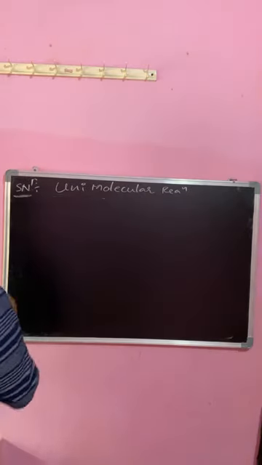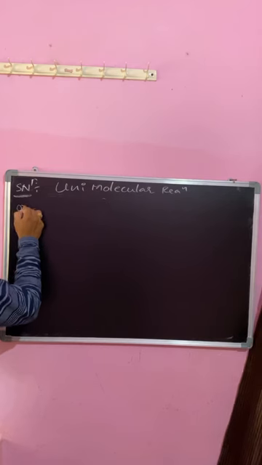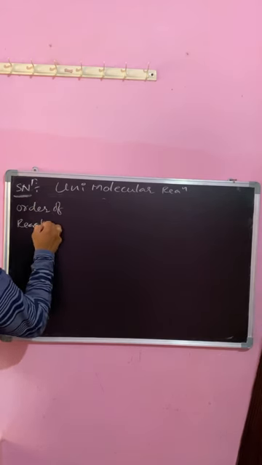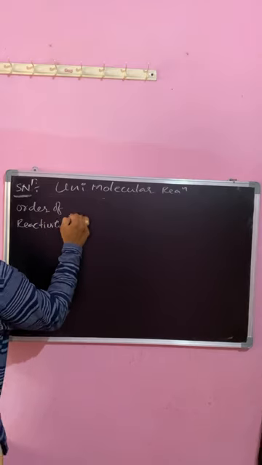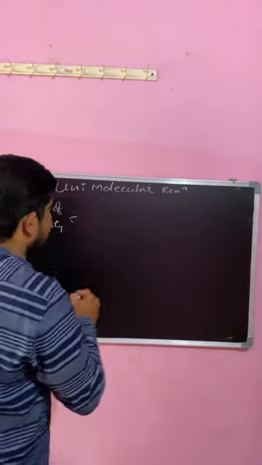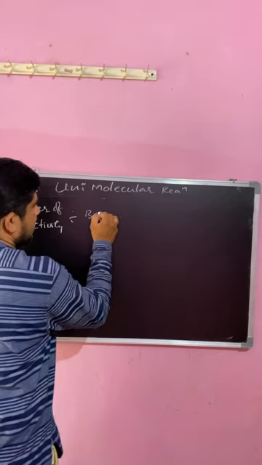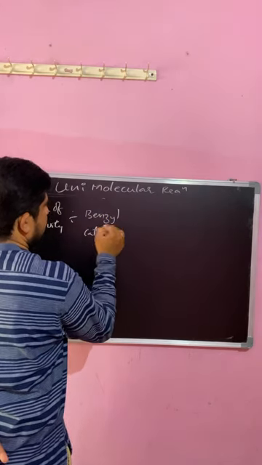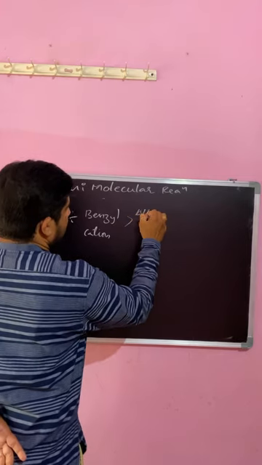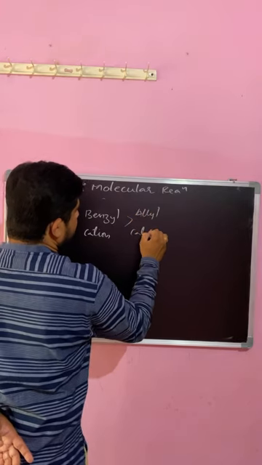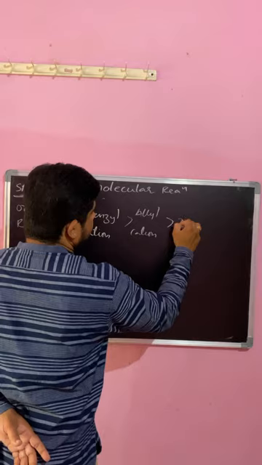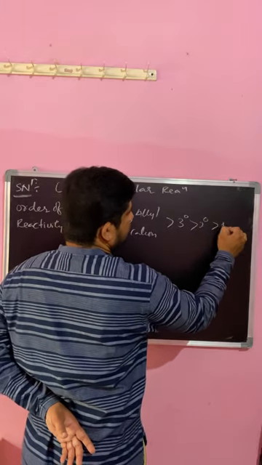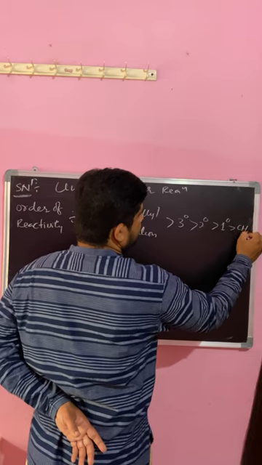The order of reactivity will be: first benzyl cation, after that allyl cation, after that tertiary, after that secondary, after that primary, after that methyl.